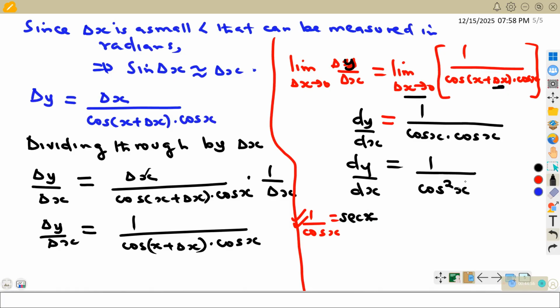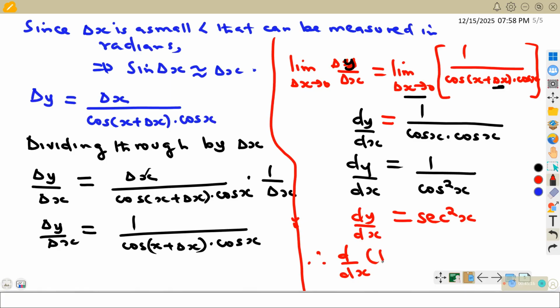Then it means if we have 1 upon cos squared, then it will give us sec squared of x. So this is our dy dx. So what does this imply? This implies that when you differentiate tan of x, you get sec squared of x.